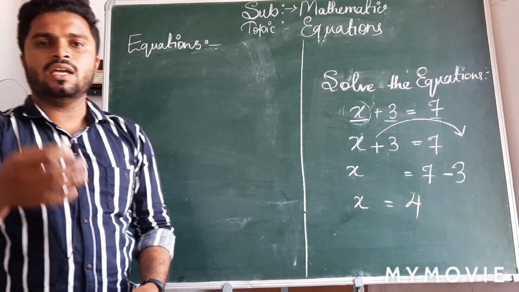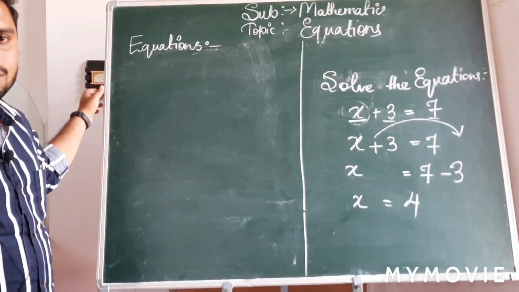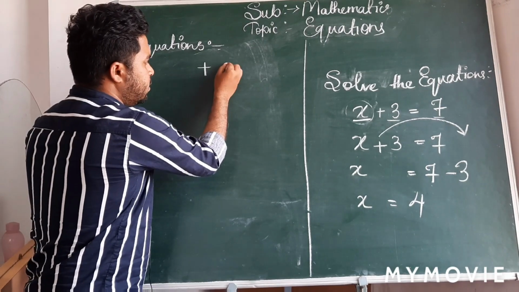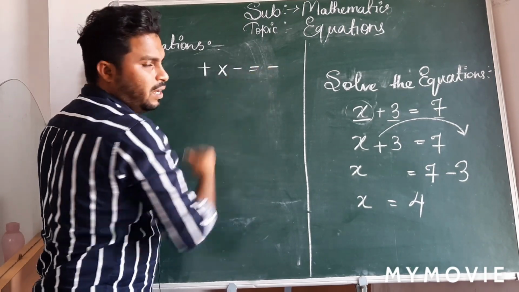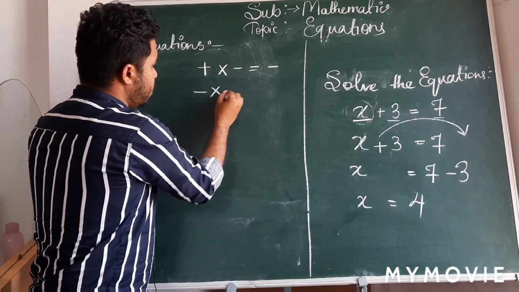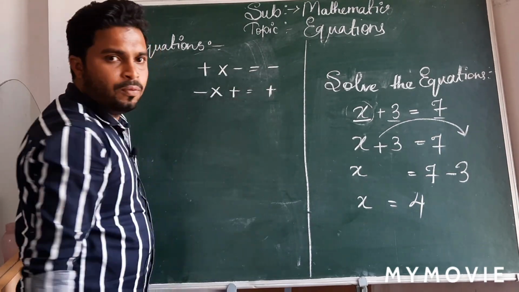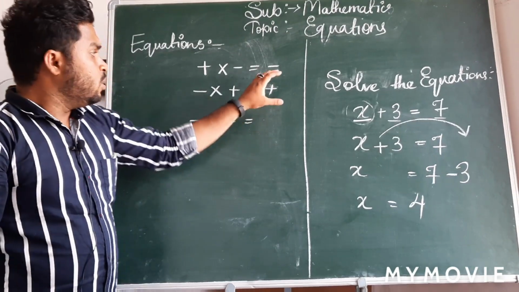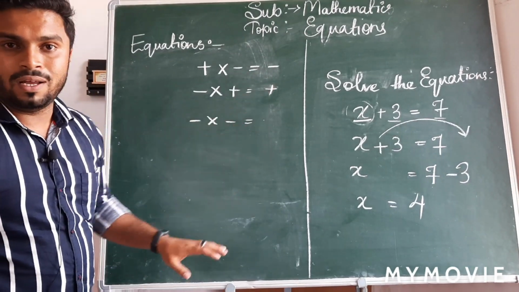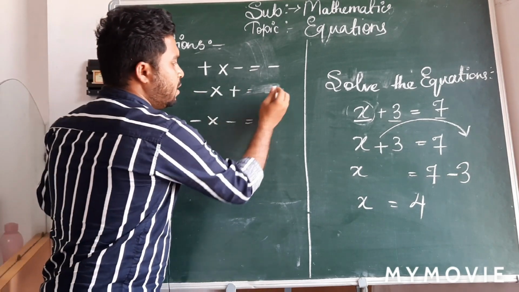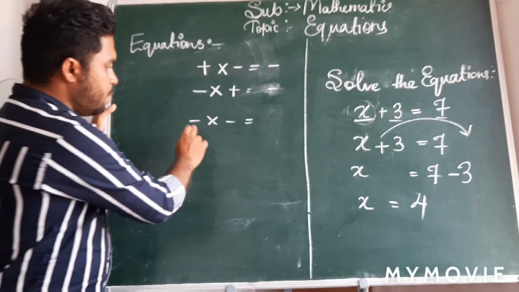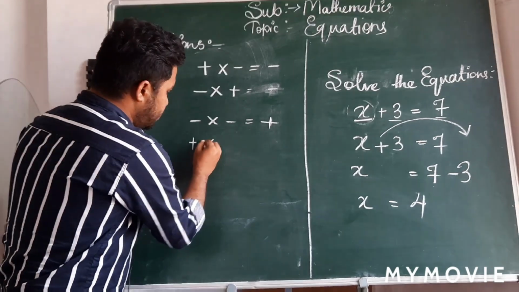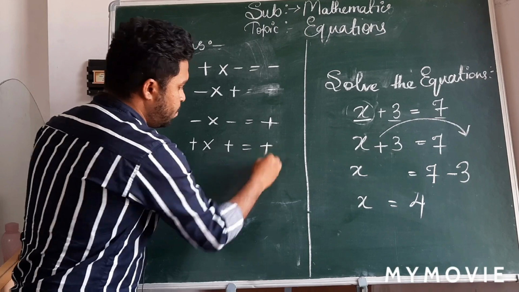Now we shall study the fundamental operations. Plus into minus is minus, minus into plus is minus, minus into minus is plus, plus into plus is plus. Sorry students, I have written it as plus.